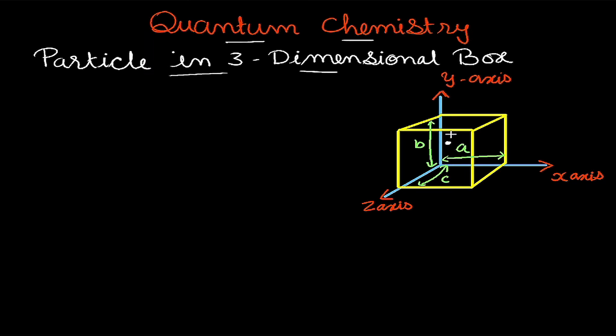or suppose we have an electron which is free to move inside this box along any particular axis, and inside the box we know that the particle will not experience any amount of force, and as a result the potential energy inside the box will be zero, and the potential energy on the walls as well as outside the walls will be infinity.